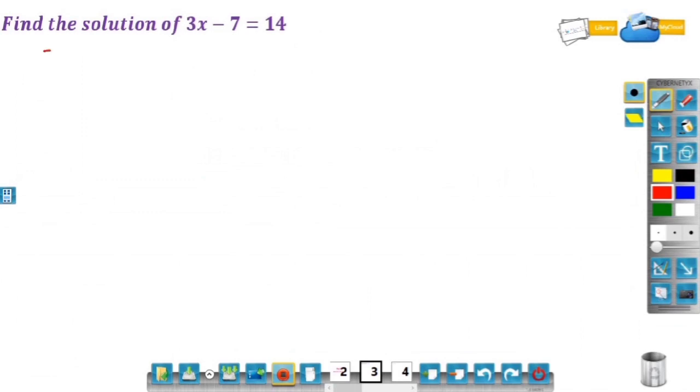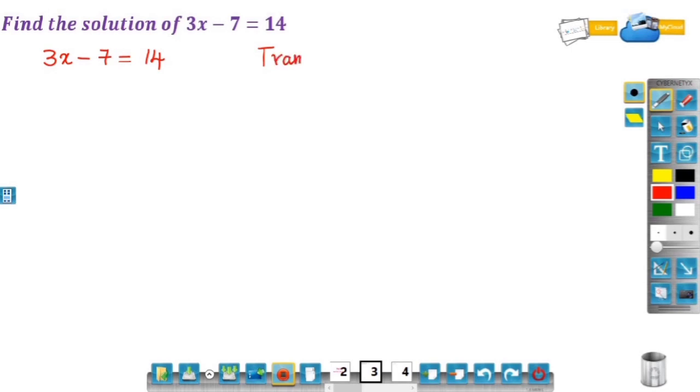Now the question is, find the solution of 3x minus 7 is equal to 14. Now LHS is 3x minus 7, RHS is 14. We have two terms on the LHS and one term on the RHS.